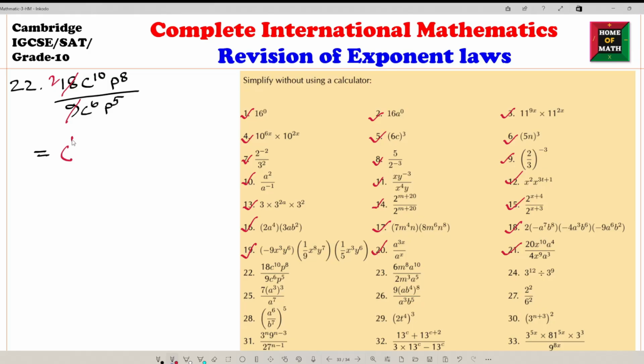Now c to the power 10 minus 6 and p to the power 8 minus 5, because a to the power m divide a to the power n means a to the power m minus n, right? So c to the power 10 minus 6 means 4, and p, 8 minus 5 means 3. So this is our answer.